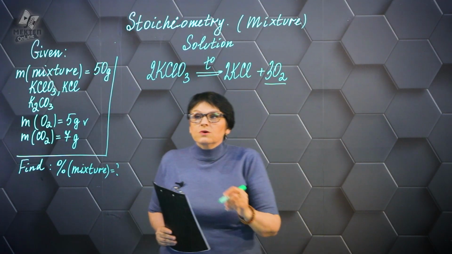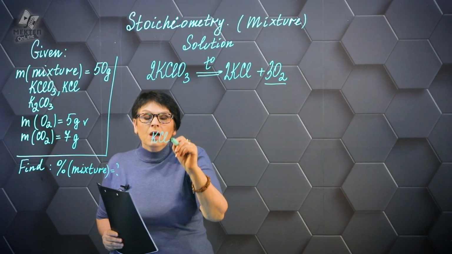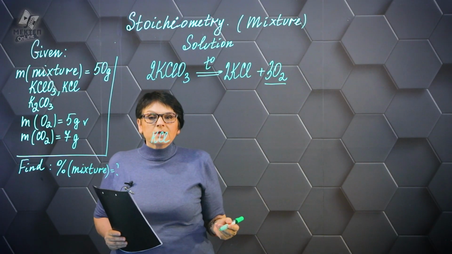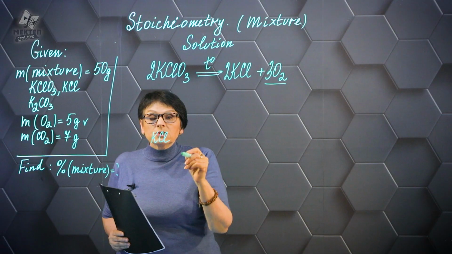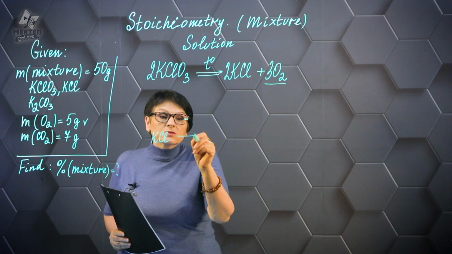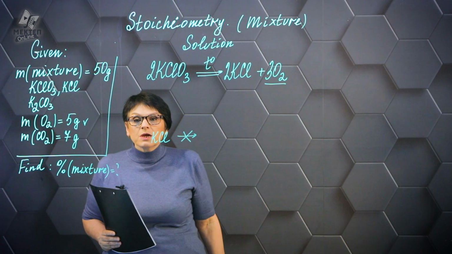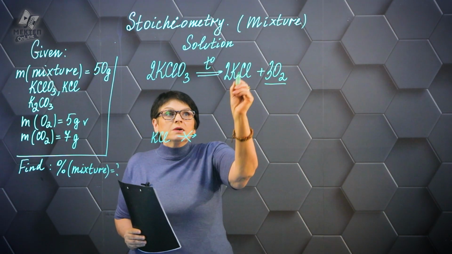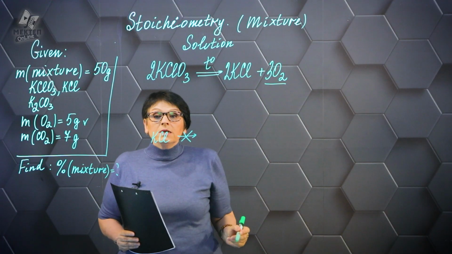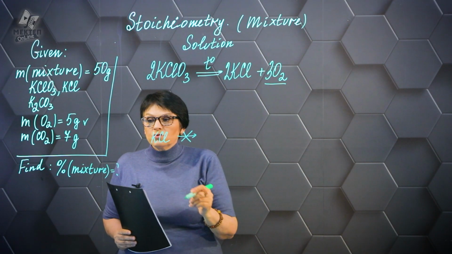Now on to the second equation. Let's consider potassium chloride. Will potassium chloride decompose when heated? In fact, such a salt is quite stable, and in this case no decomposition reaction will take place for it. That's what the condition of this problem is based on. And note that potassium chloride is a product of our first reaction, and nothing further happens with this substance.